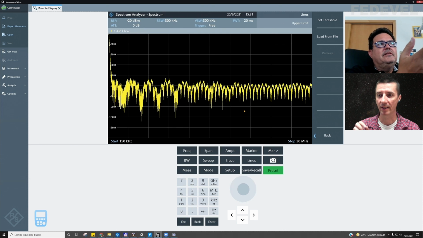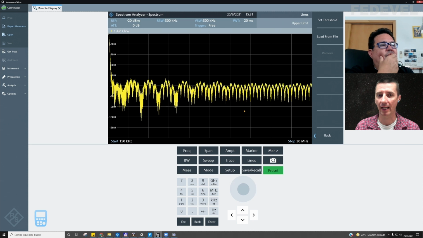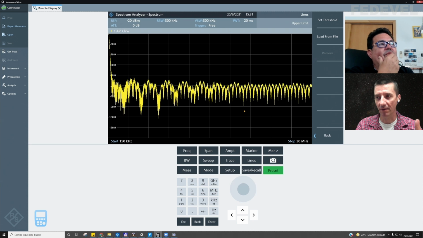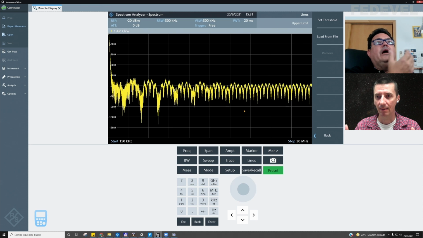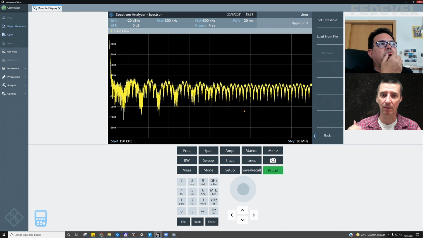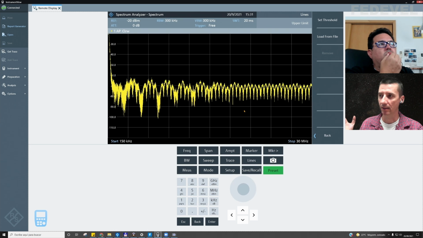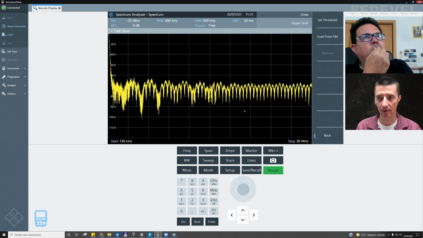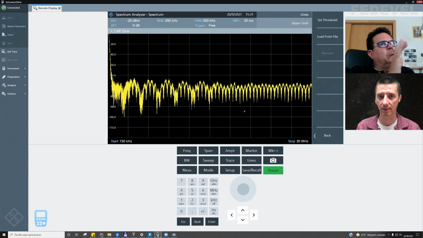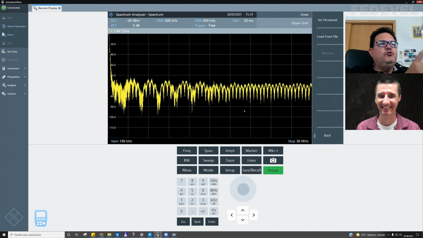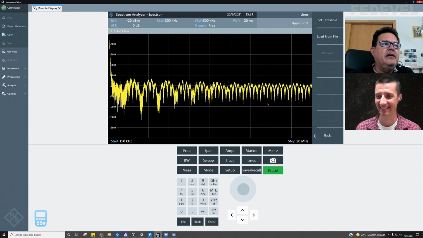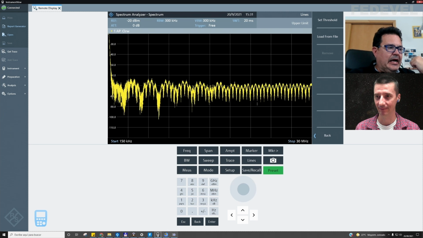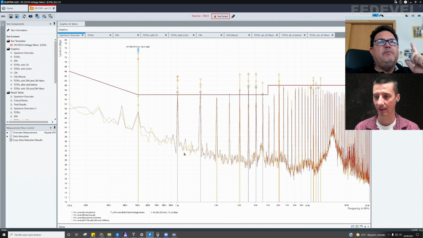I understand. So basically, what we see is some kind of simple spectrum analyzer, and then you have to do everything manually. But if you have something a little bit more expensive, then you will get this other special software which can make it much easier to do this kind of measurements. Not really. What you have seen is the screen of the instrument, and this is the screen of the same instrument.